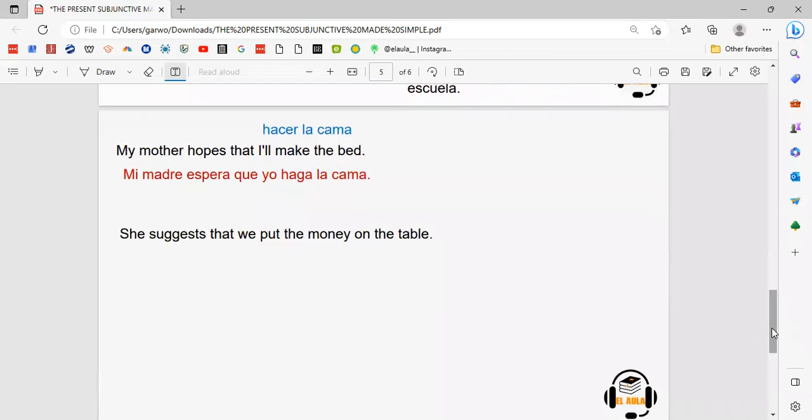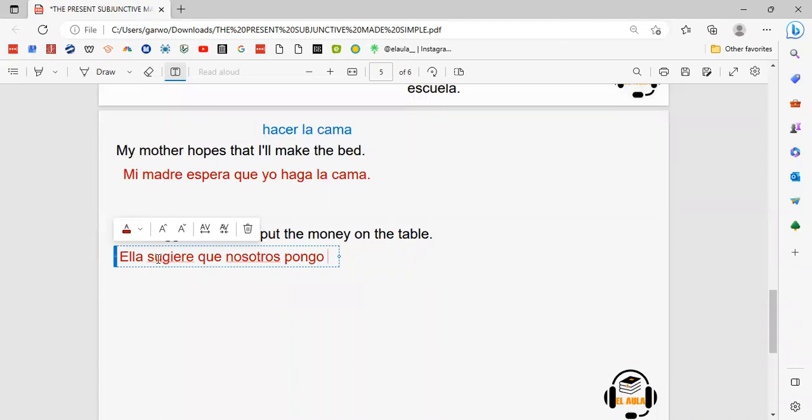So one more. She suggests that we put the money on the table. Ella sugiere que nosotros. Now we're working with poner, to put. Same procedure. In the present tense, the yo form of poner is pongo.